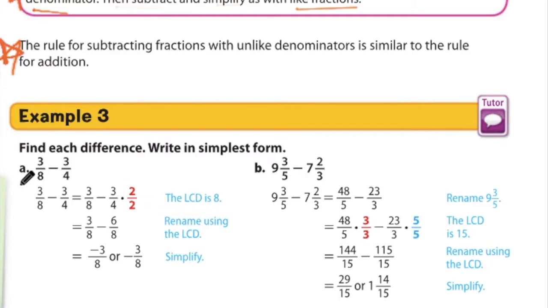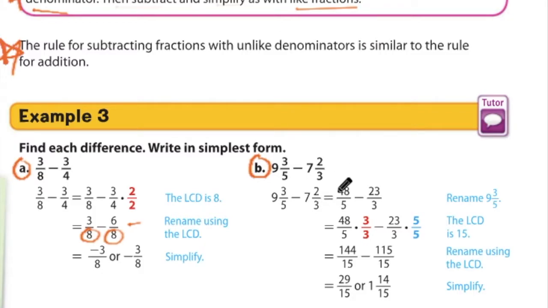So when we have subtracting fractions with unlike denominators, we need to rename them to have the same denominator and then proceed like we would with subtracting like fractions. 3 minus 6 is -3, and -3/8 is the same thing as -3/8.